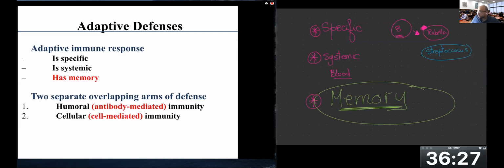Memory here is a key that you're relying on when you are trying to get a vaccine created. So why do we get a vaccine, for example? For our immune cells to recognize this pathogen without getting exposed to the real pathogen. Why do you do this?